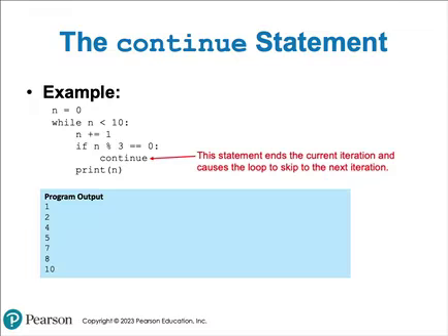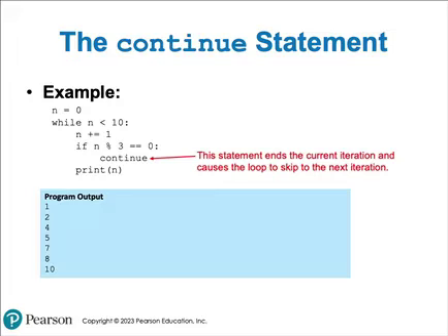This loop is going to execute 10 times. When we go in the loop, it increments n to 1, and then it says if n mod 3 equals 0, continue. In that case it would jump back up to the while loop and check that n is still less than 10.